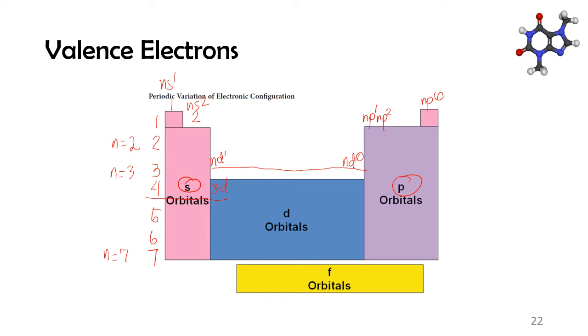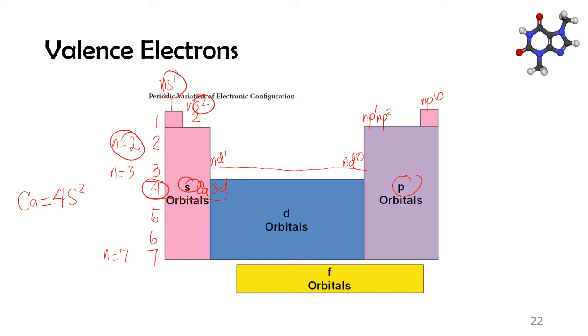By combining the group and period information together, we can easily determine the valence electron configuration of each element. For example, calcium is in group 2 and period 4. The valence electron configuration of calcium is 4s2.